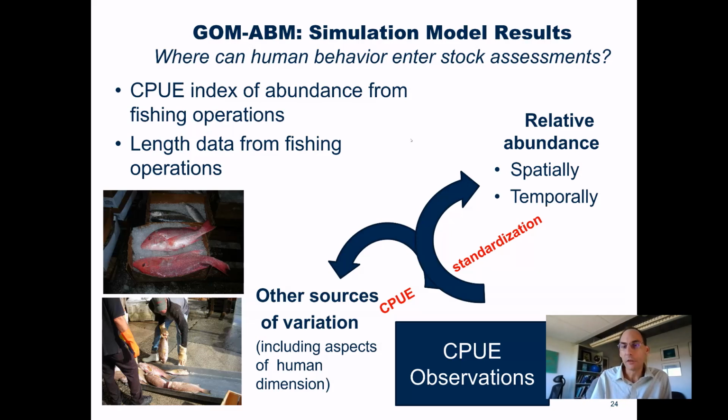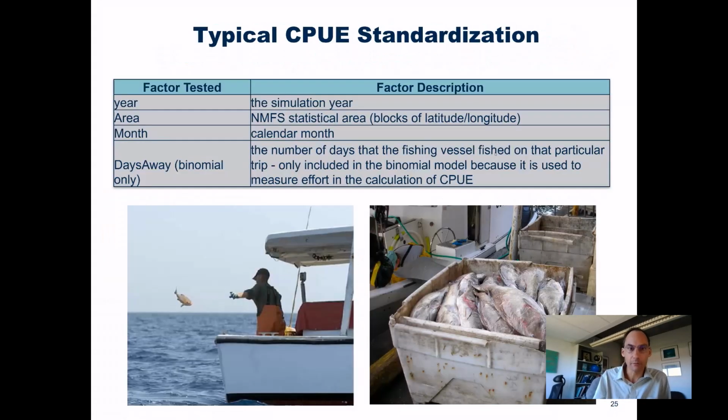And so one of the things we wanted to see was whether or not CPUE standardization could standardize away or remove that source of variation from human behavior and get us closer to an index that looks more similar to trends in abundance and would perform better in a stock assessment.